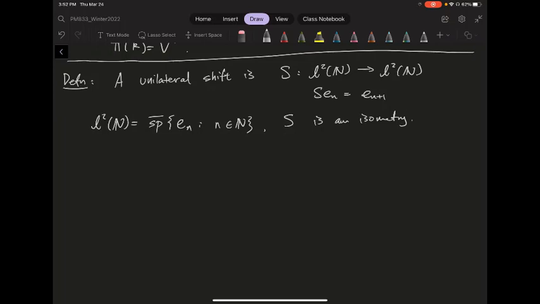The range projection is basically spanned by all the En, where n is greater than or equal to 1. It will miss a little space. All right, so this is not a unitary. This is a typical example of a pure isometry that's not a unitary.